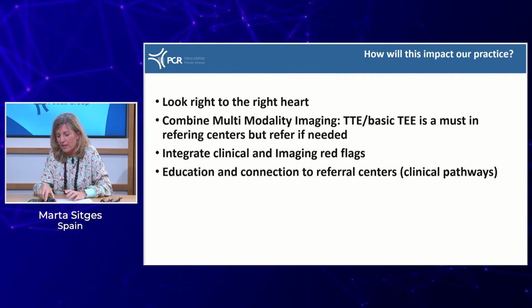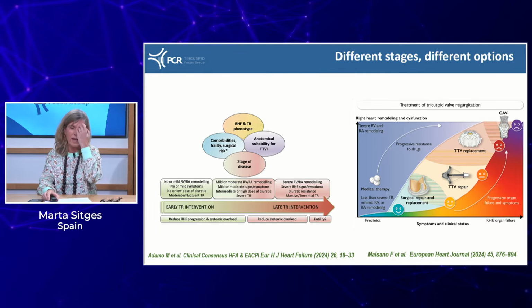Probably I would say that now it's better to be earlier, and when we diagnose moderate to severe tricuspid regurgitation, we refer the patient to a heart valve center. But it's also important, and this will be my last slide, to recognize that we have different stages, different phenotypes, and different options of therapy.